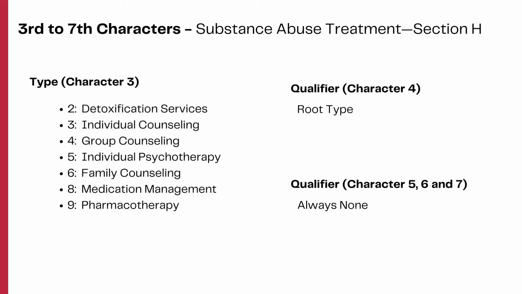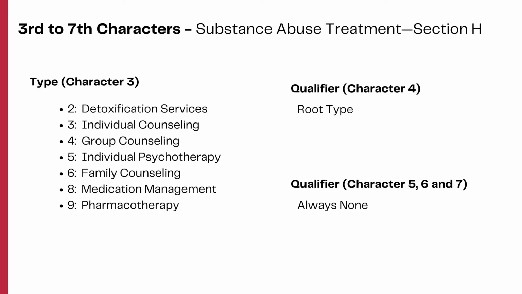Value 5 is individual psychotherapy for treatment of an individual with addictive behavior using behavioral, cognitive, psychoanalytic, psychodynamic, or physiological means. Value 6 is for family counseling. Value 8 is medication management, usually for monitoring and adjusting the medications for treatment of the addiction. Value 9 is pharmacotherapy and is used for replacement medications for treatment of the addiction.